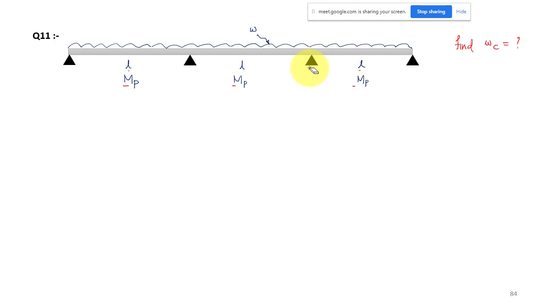Okay, so first let us find out the degree of static indeterminacy. Let us take this as a hinge, and this may be a roller. Anyway, there will not be any horizontal reaction because we have only vertical loading. I have taken these all as rollers, and this one is a hinge too.